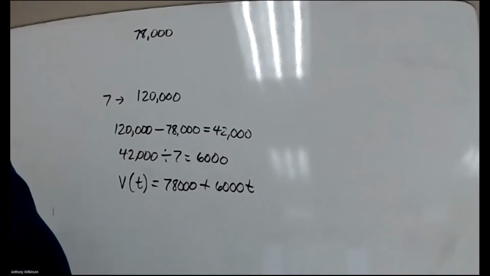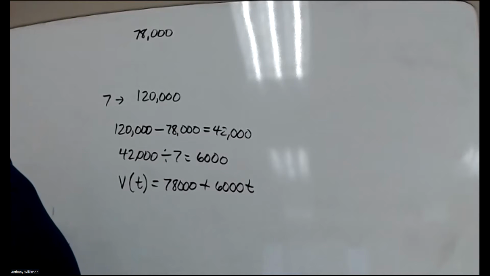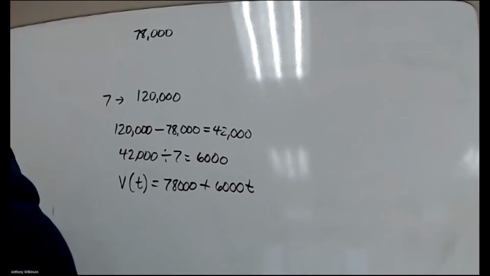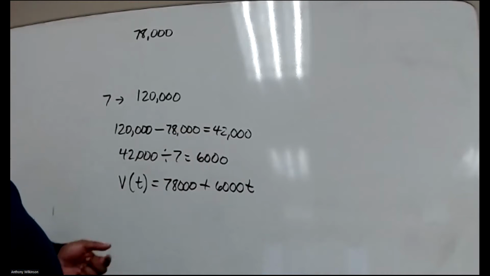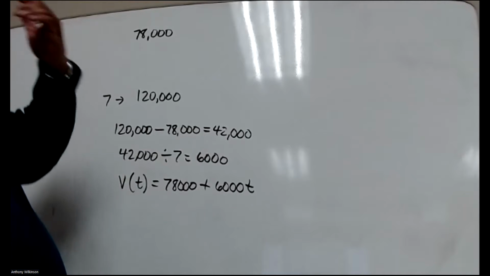So that would be the function for that problem. Because we first have to subtract 78,000 from 120,000 to get the difference of 42,000. And it says after 7 years, so when you divide 42,000 by 7, you get 6,000.